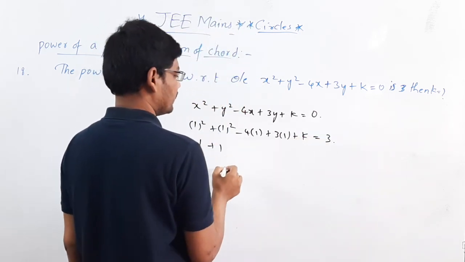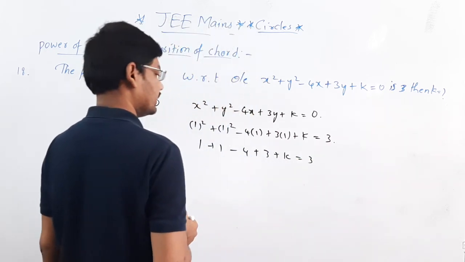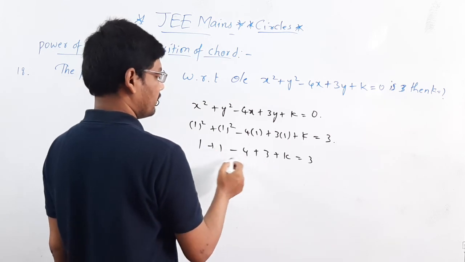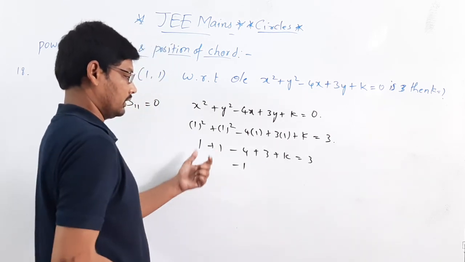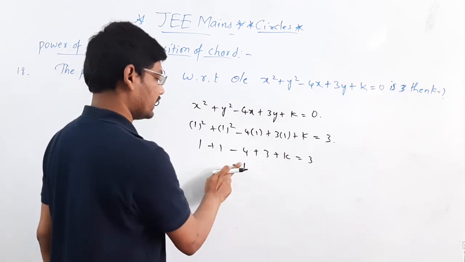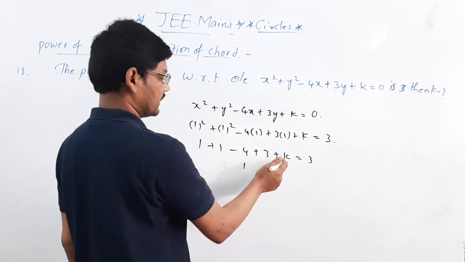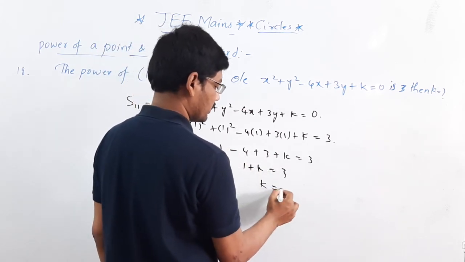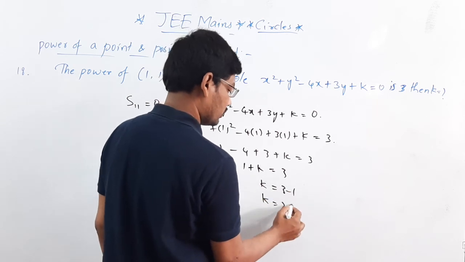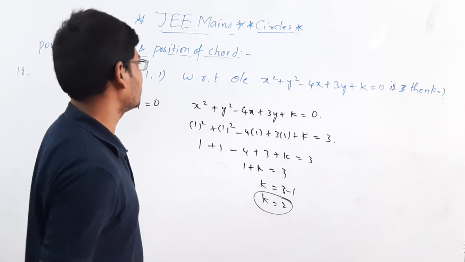So 1 plus 1 minus 4 plus 3 plus k is equal to 3. 5 minus 4 is 1 plus k is equal to 3, and k is equal to 3 minus 1, k is equal to 2. This is the value of k, and this is about the question here.